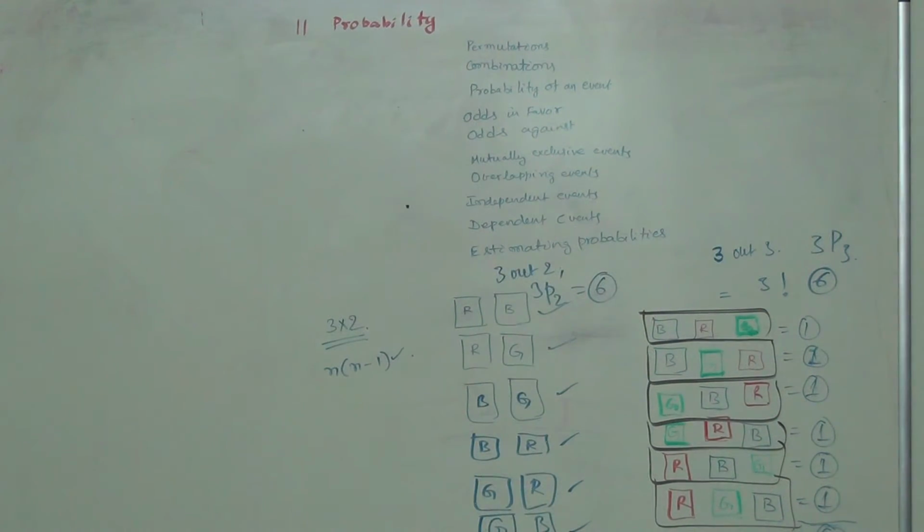If you take three, the number of permutations of n things taken n at a time.